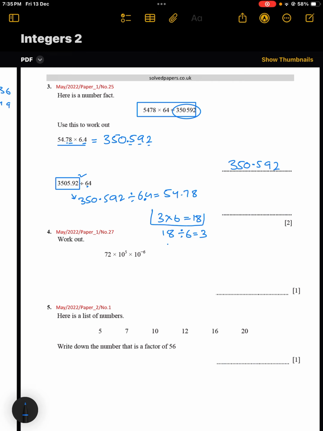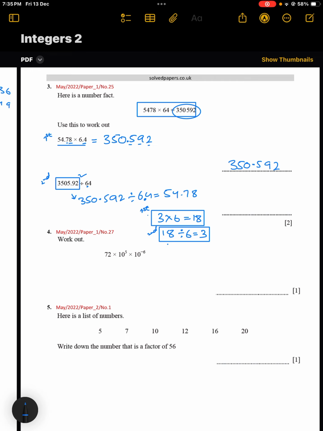So the first step is just like this. First one is like this, and second one is like this. Okay, this is just to make your concept clear. I hope it's clear now.